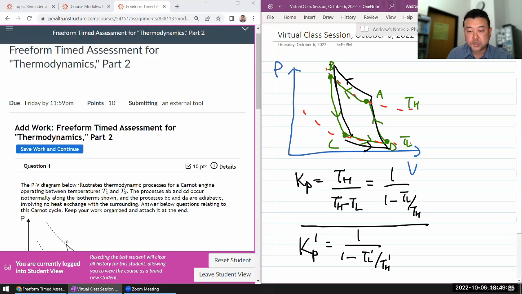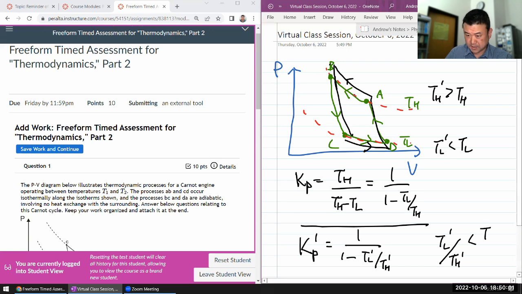So I'm trying to compare these two numbers. And so comparing them, let's see. From this picture here, TL prime is less than TL, and TH prime is greater than TH. So the numerator is less and the denominator is greater. So I can say TL prime over TH prime is less than TL over TH.